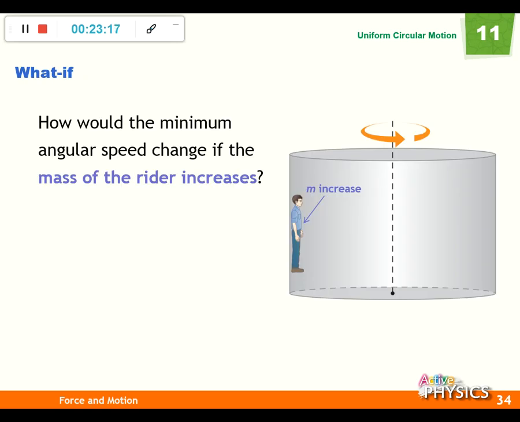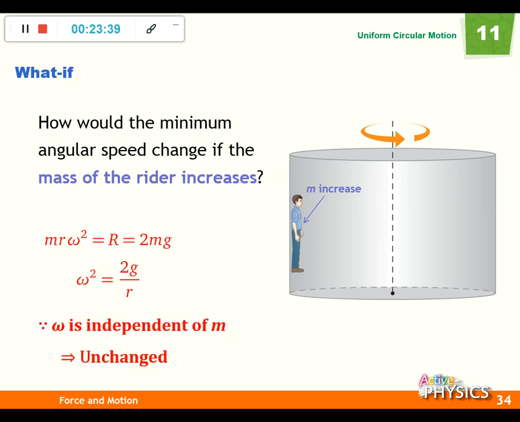What if question? What will the minimum angular speed change if the mass of the rider increases? Before you answer, you may think that a heavier rider is more difficult to keep in place, and may drop down more easily than a lighter object. But is it? Look at this. The normal reaction should be 2mg.